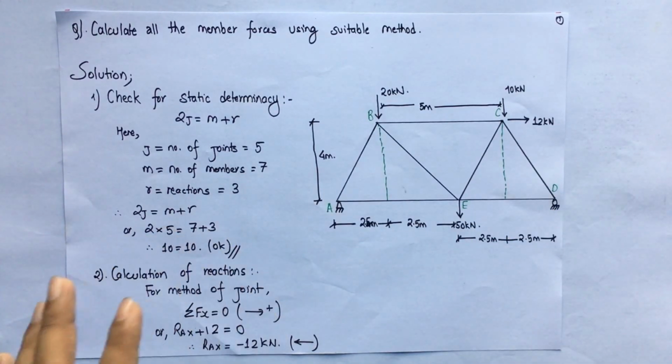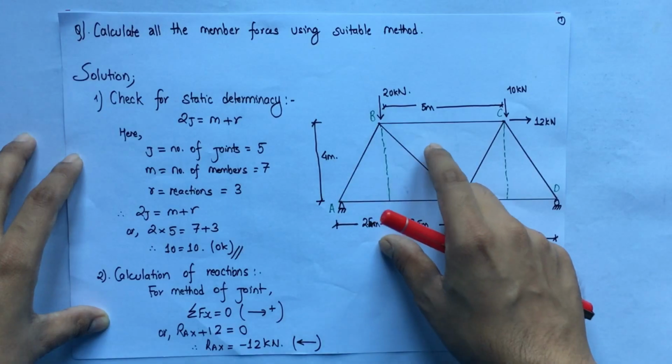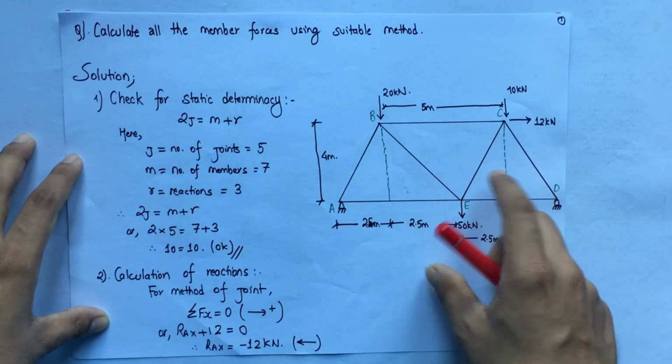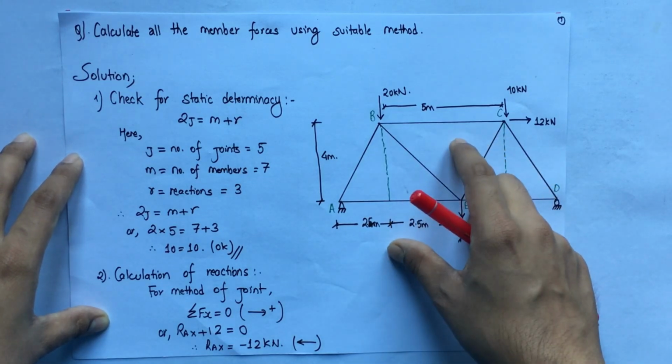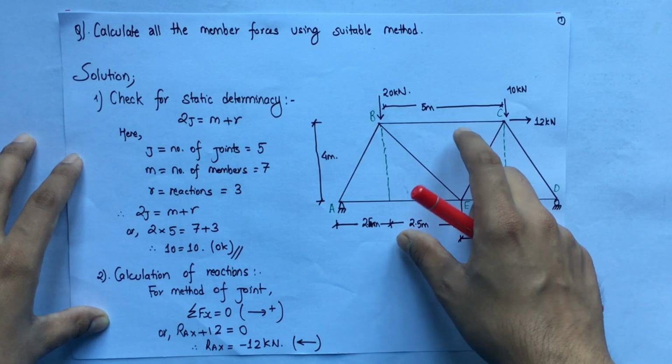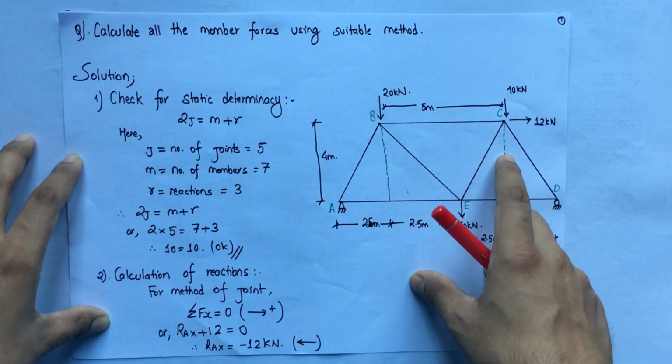We should always remember that the truss is subjected to only direct stresses, and there won't be any shear force or bending moment. Basically, a truss is a structure which consists of members connected at the ends together with pin joints.